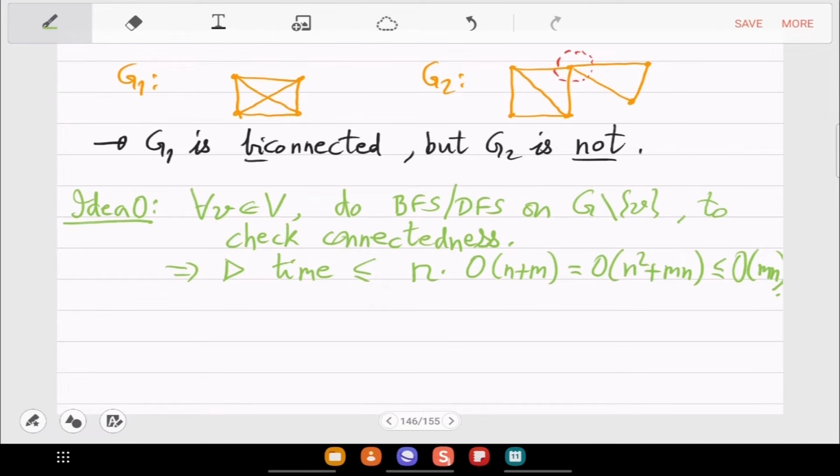So what you want is you just want to do one DFS and solve the problem. So is this feasible? So solve it in one DFS.